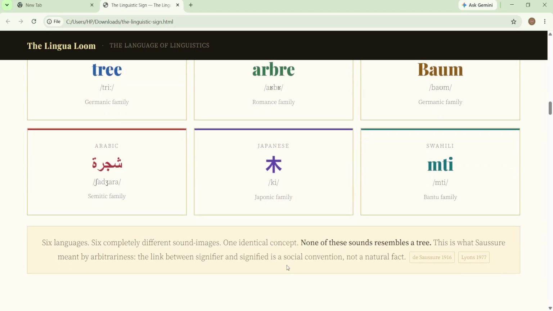So 6 languages, 6 completely different sound images, one identical concept. None of them sounds resembles a tree. This is what Saussure means by arbitrariness. The link between signifier and signified is social convention. This is a very important point, not a natural fact.